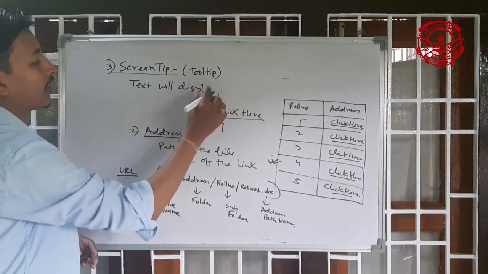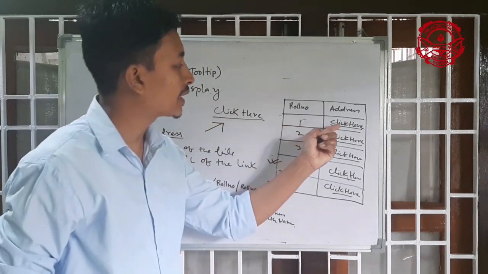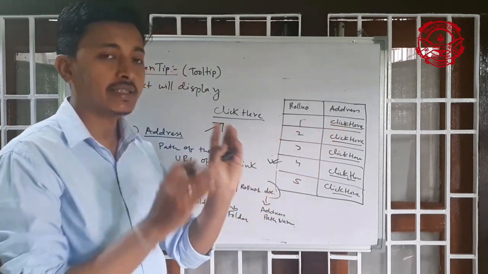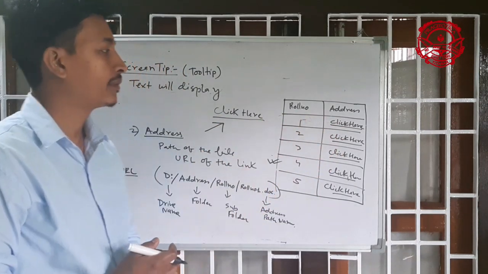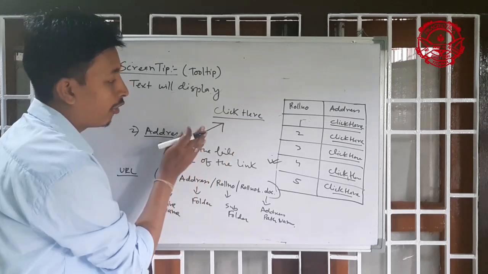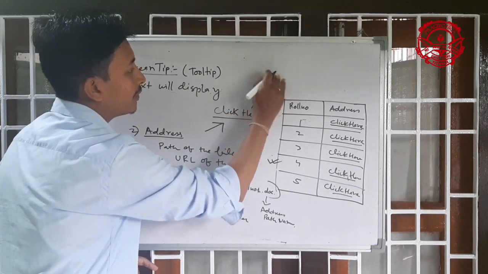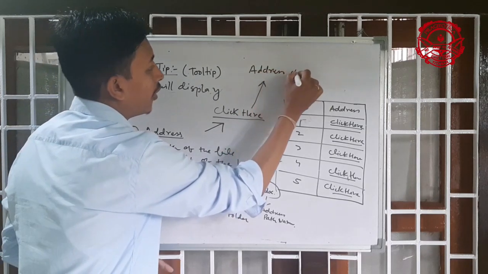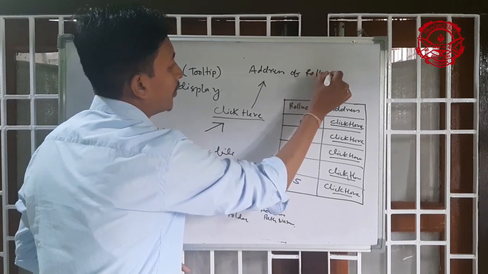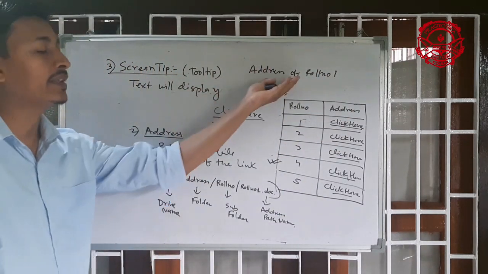This text is called the screen tip. For example, when you hover over "click here", a text will display, let's say, "address of roll number 1". So it will give an idea.